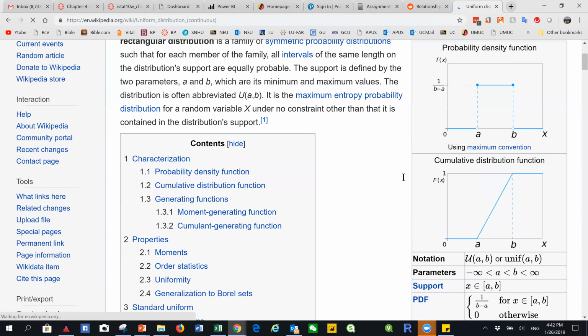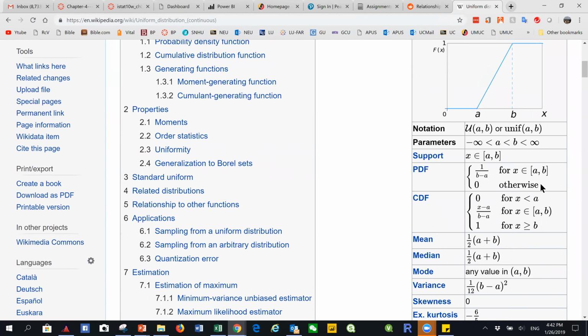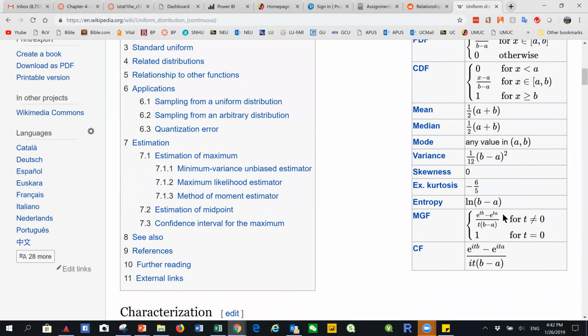Instead of C and D, we use A and B. Just different notation, not a big deal.